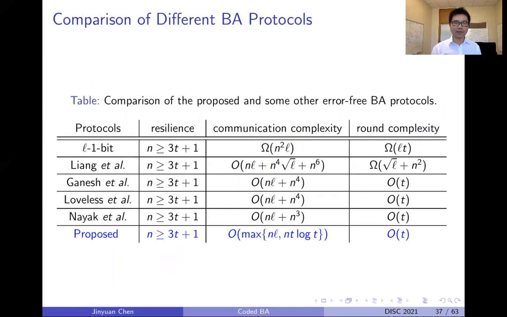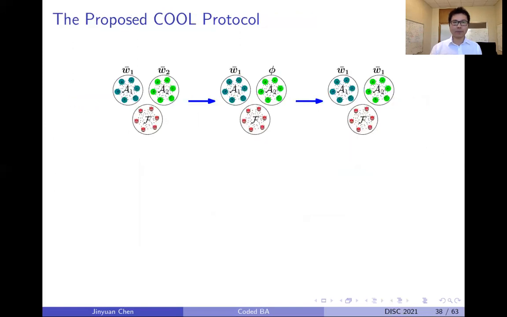This table provides the comparison between our protocol and some other error-free BA protocols. As we can see, the communication complexity is improved. In the following, we are going to show the protocol design.